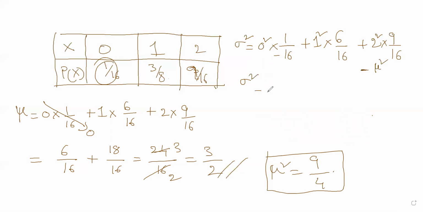So sigma squared is: first part is 0, second part is 6 by 16, and the third part is 4 into 9, 36 by 16.